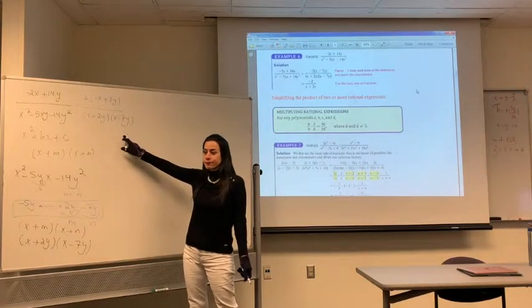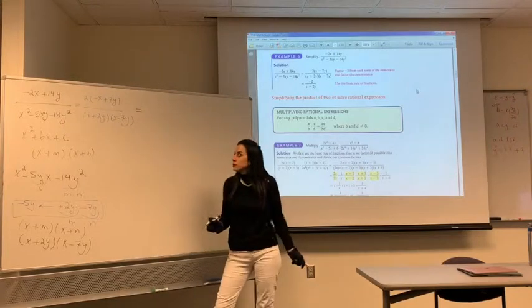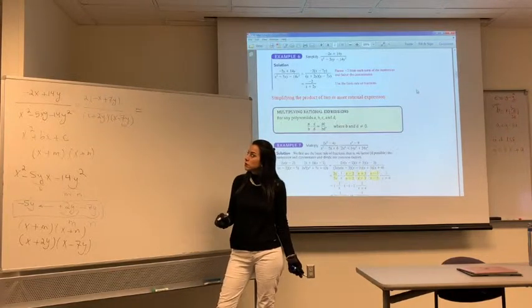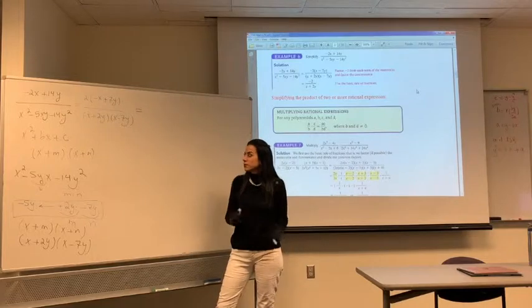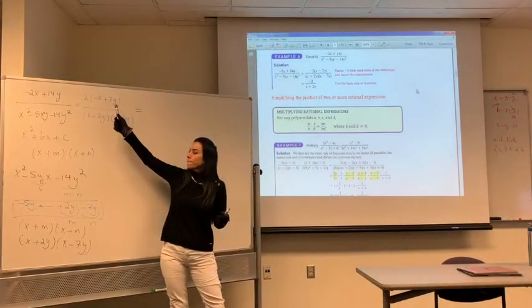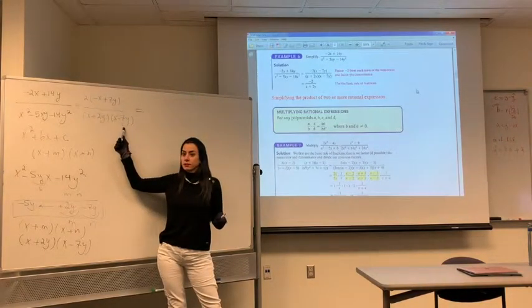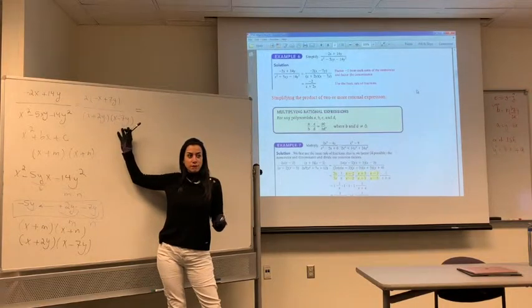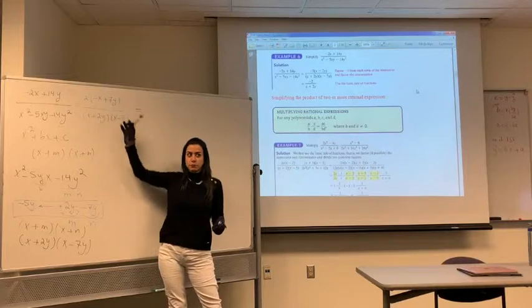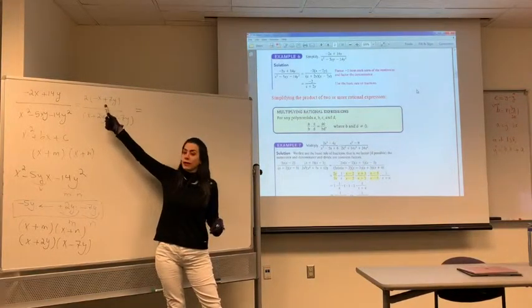Correct? Okay. So which one of these parentheses looks more similar? Negative x, negative y, this plus one, 7x and minus, and this one, right? So we should factor out a negative sign to make either of them look like the other one, right? So let's factor out a negative sign here, okay?